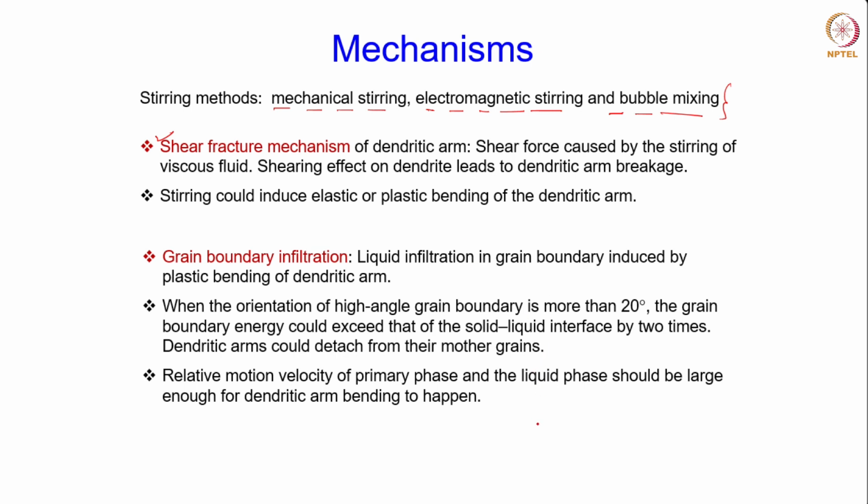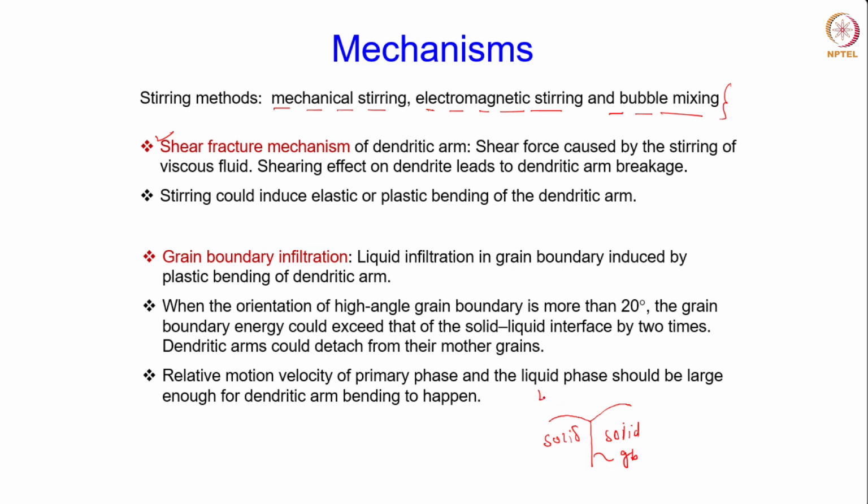So let's say, between these two grains, you have this grain boundary. So this is a solid grain, and this is also solid. And in between them, you have the grain boundary, and it is actually nucleating from the liquid.